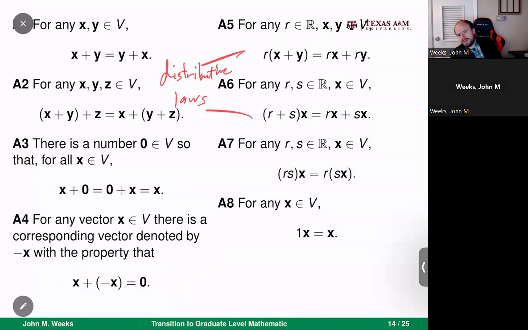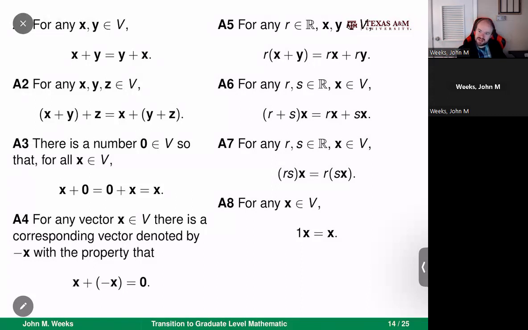We'll call them distributive laws to signify that you can either distribute in terms of the vectors themselves, that's what x and y here are meant to signify. These are the vectors themselves. Or in terms of the scalars, r and s, you can also distribute that amongst one individual vector. So that's what A5 and A6 are signifying. A5 says the distributive law works for vectors. A6, the distributive law works over the scalar field.